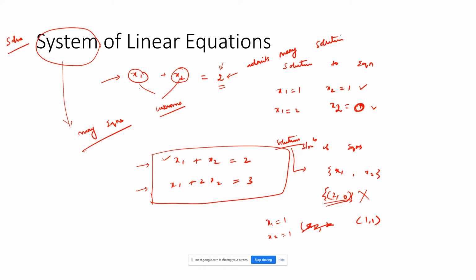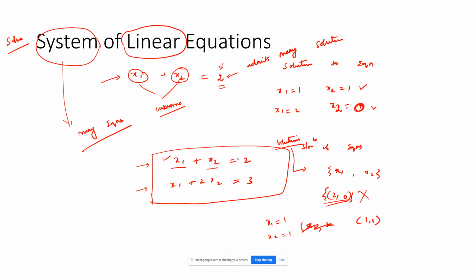Now we need to understand one more qualifier, linear. What is linear? We call an equation linear when the unknowns are raised to the power 1 and the unknowns do not mix up, right? So I have given you two terms here. There is a mathematical definition of linear, but I will not go into it.